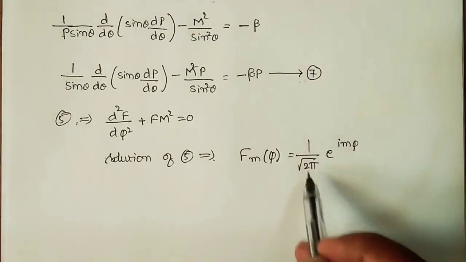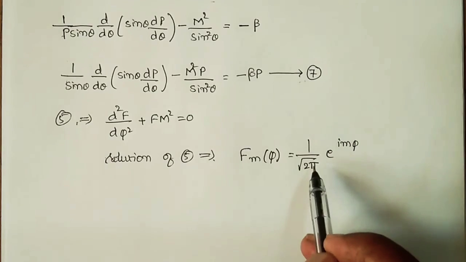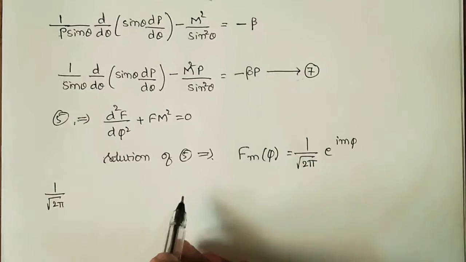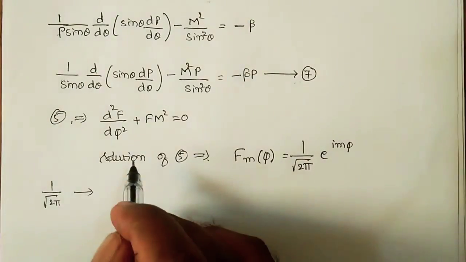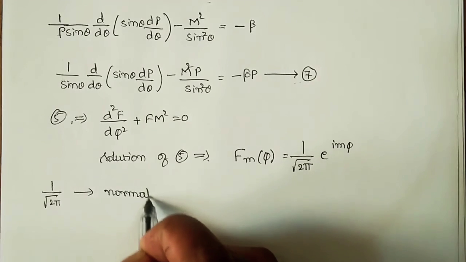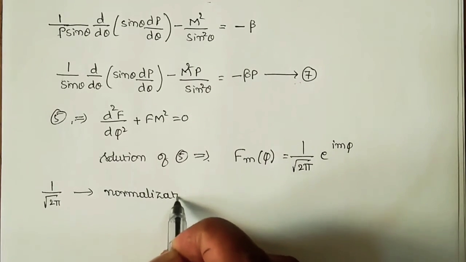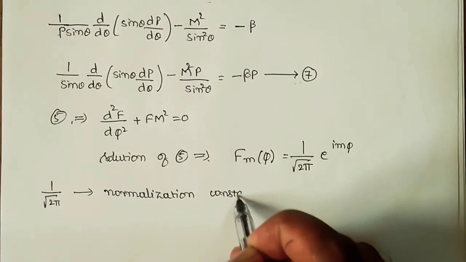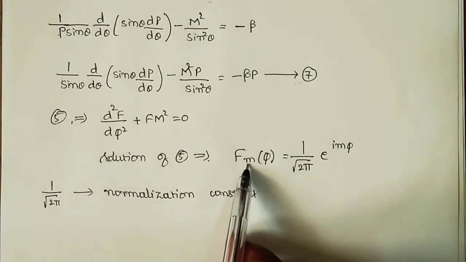And here the constant we are having, that is 1 by square root of 2 pi, is the normalization constant of the equation. And here we have one more term, that is m.